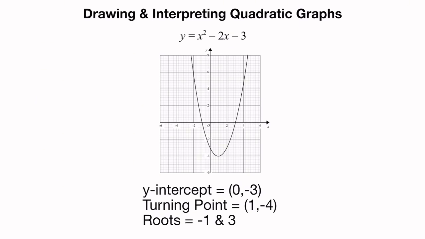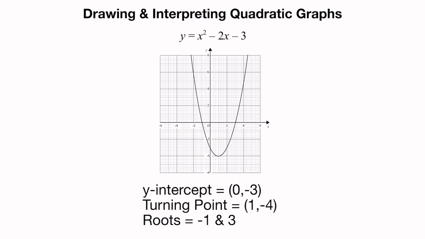And the turning point, so this is a new term. Essentially, the turning point is that very bottommost point of this curve. Now, something you should know is that, say this was minus x squared minus 2x minus 3. Obviously, the curve would be flipped around, and it wouldn't be the lowest point, it would be the highest point. So the best way to remember is the point at which the curve changes direction.